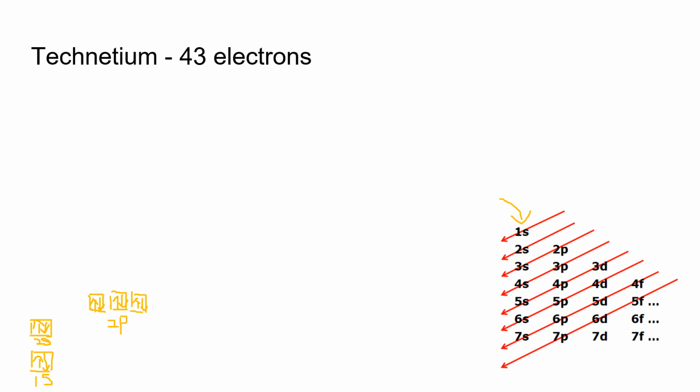And then we go to the 3s, also with two electrons, and 3p, with six electrons.